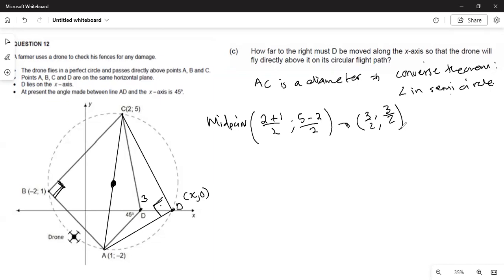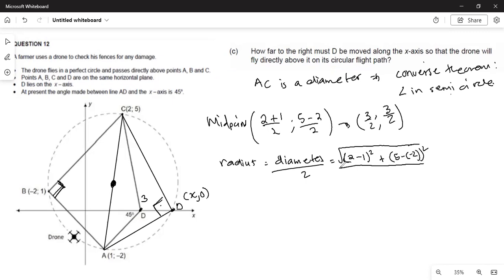Now that we have that, we can calculate our radius, which is going to be half of our diameter, using the length equation, which will say the square root of 2 minus 1 squared plus 5 minus 2 squared. And this would give us the square root of 50 over 2.